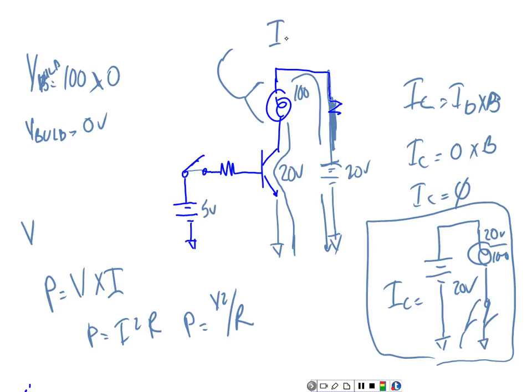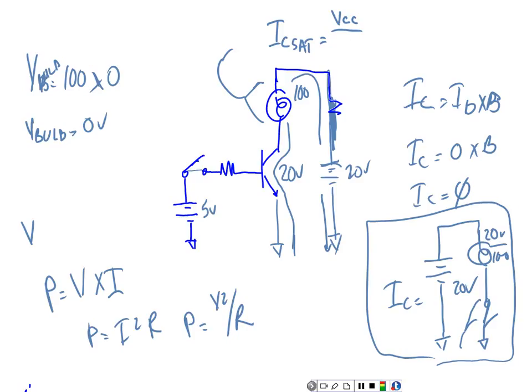So we're going to call this IC sat, for the saturation current required to turn that bulb on. This is going to be equal to VCC divided by... Now, what's nice about light bulbs is they're usually rated at a current or at a wattage, right?